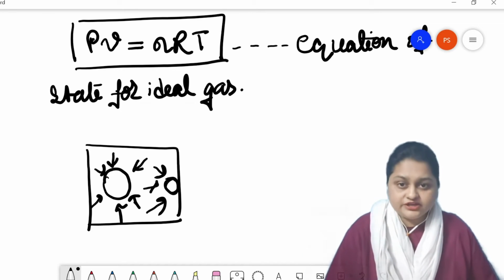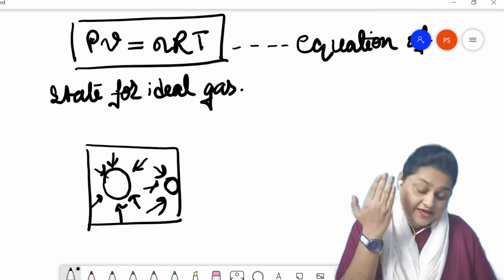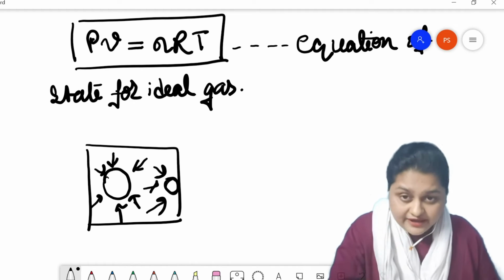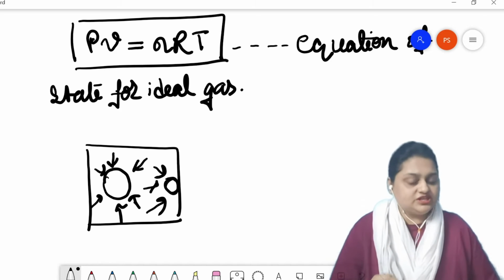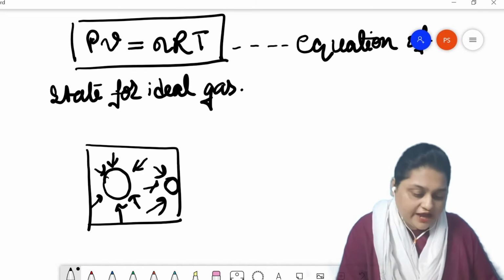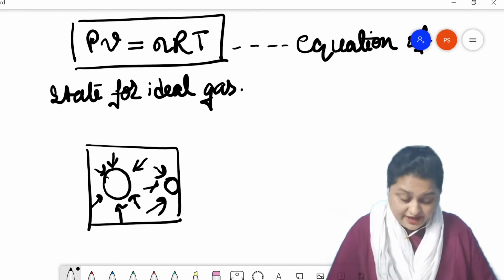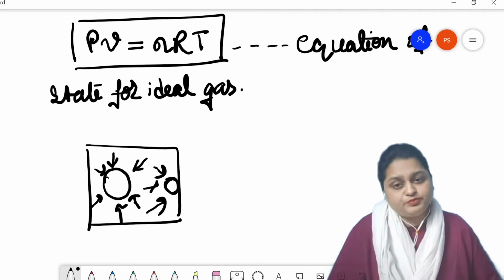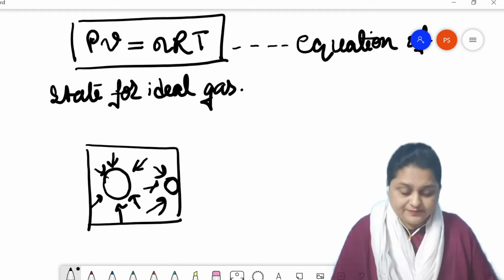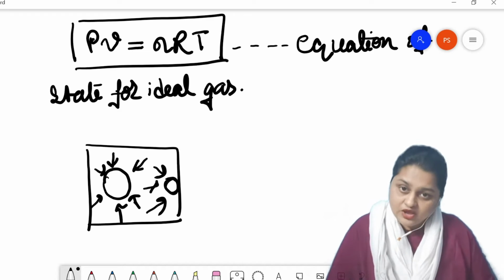As a result, it cannot exert as much pressure as the ideal gas. So the pressure considered in the equation of state for ideal gas is, in fact, more than the pressure for real gas. So a modification in the pressure is required in the equation of state.